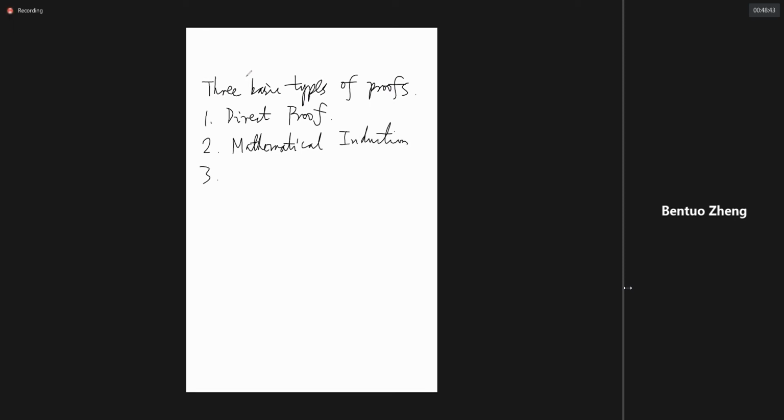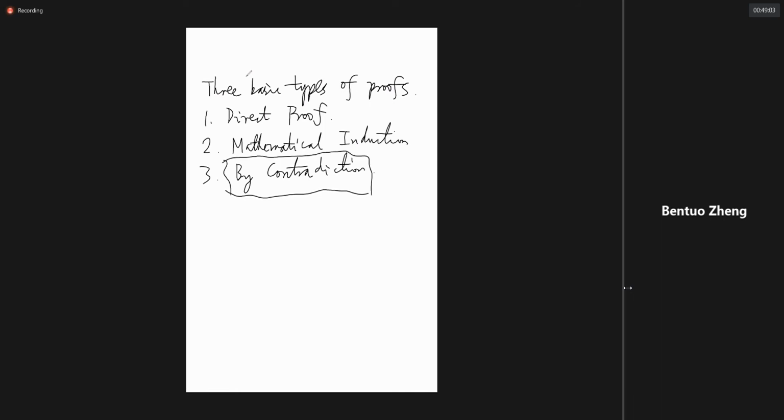And the third one is by contradiction. You can see just now in the proof, we've already used the third one, by contradiction.